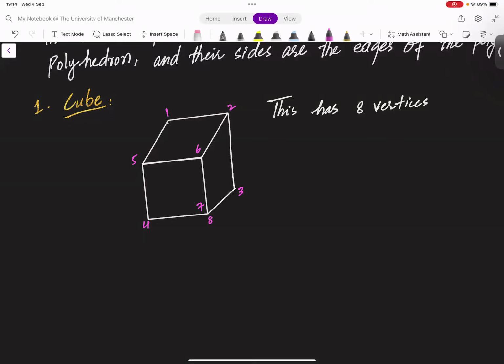Yes, 8 vertices. And it has 12 edges and 6 faces.